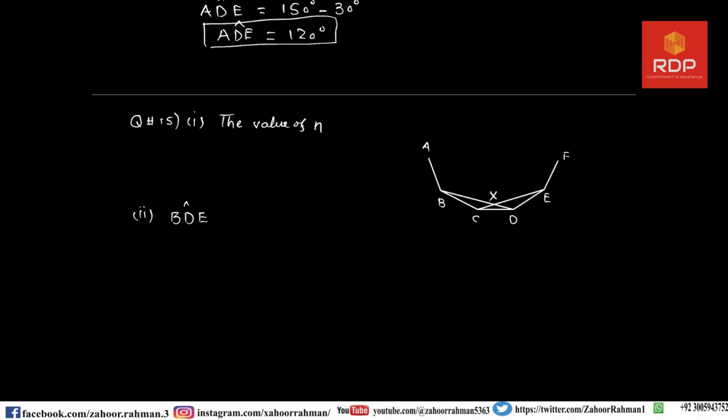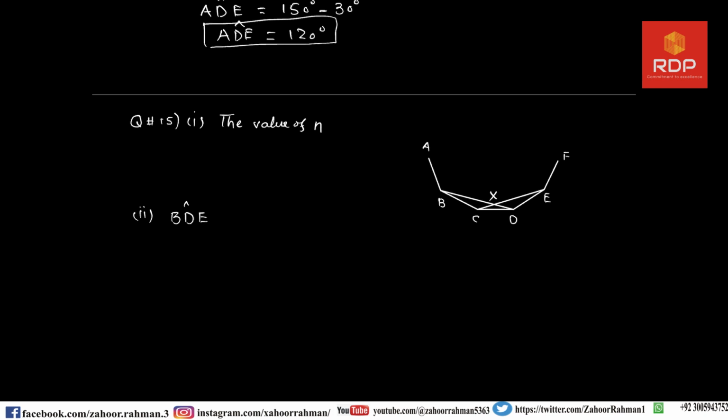In the first part, they want us to find the value of n, and I told you that n is always pointing to the number of sides. So we have to find the number of sides, but for that we don't know in advance how many sides there are.